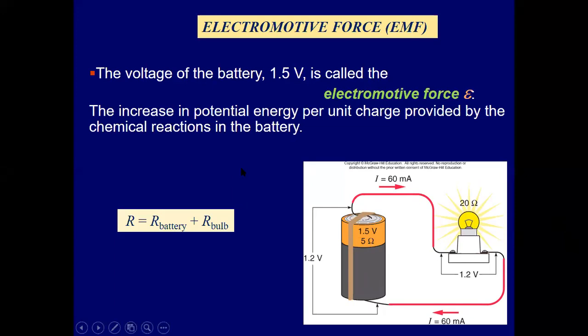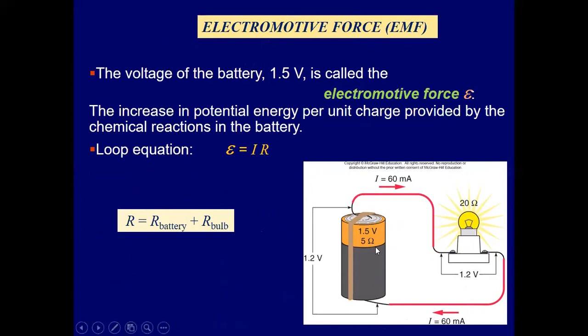The increase in the potential energy per unit charge provided by the chemical reaction in the battery is called the electromotive force. So this electromotive force, or that potential energy, is coming from the chemical reaction that happens inside the battery.